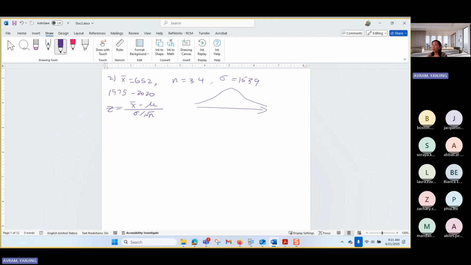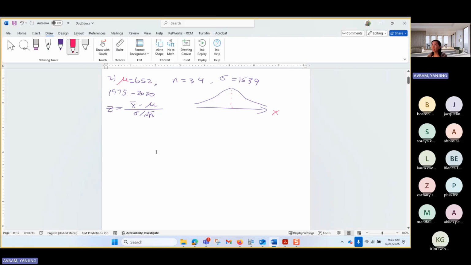All right. So we have a mu here. Well, actually, this should be a mean, right? The population mean. And then we're going to have an x. All right, so this one is x. We're going to have to convert it into G-score. Okay, so how do I convert it into G-score in here?